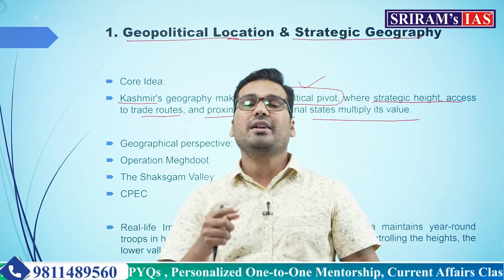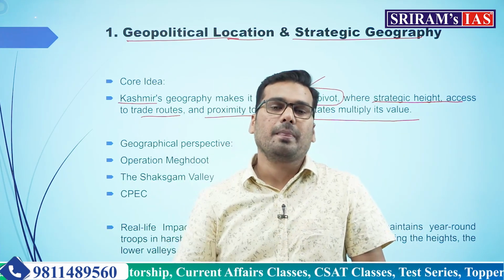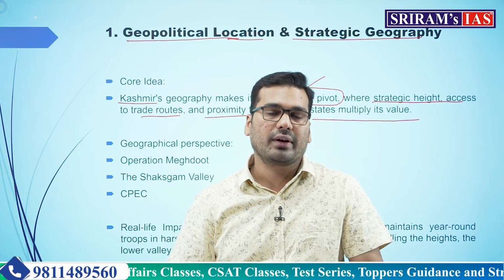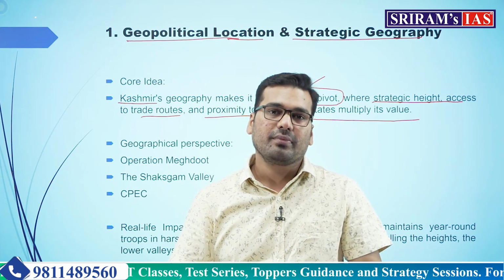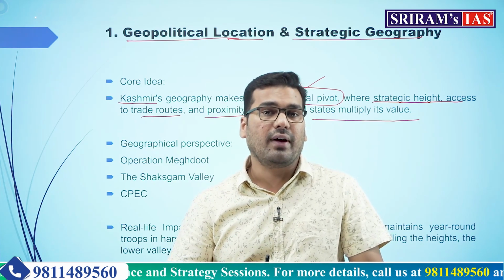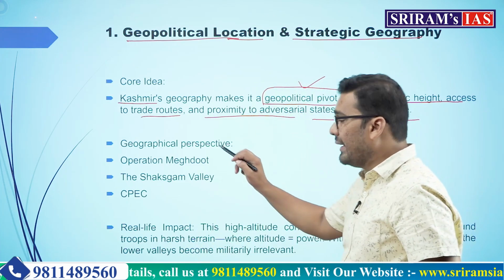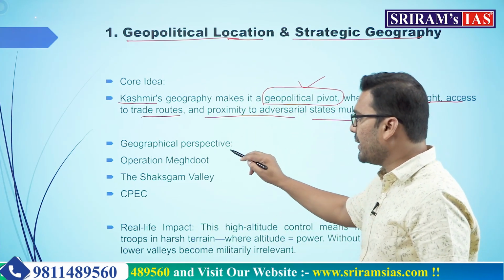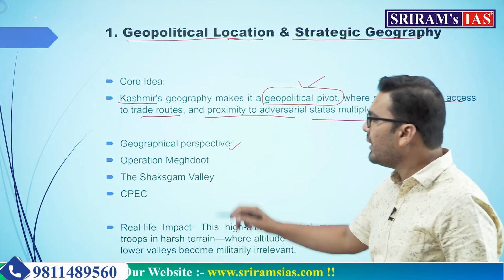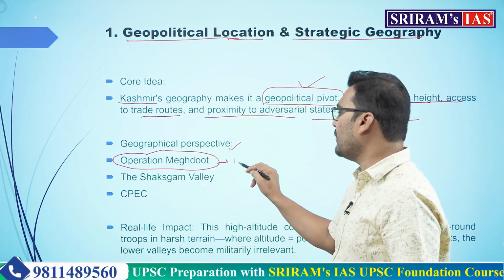If Kashmir is under the control of any player, and this time it is India, we have control over the majority of Kashmir, so we are actually at an advantage. Let me tell you, we have a lot of geographical advantages over Pakistan. Its geographical importance is so great that we ran Operation Meghdoot in 1984.